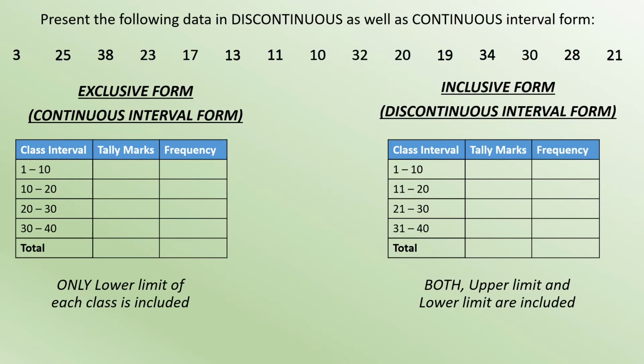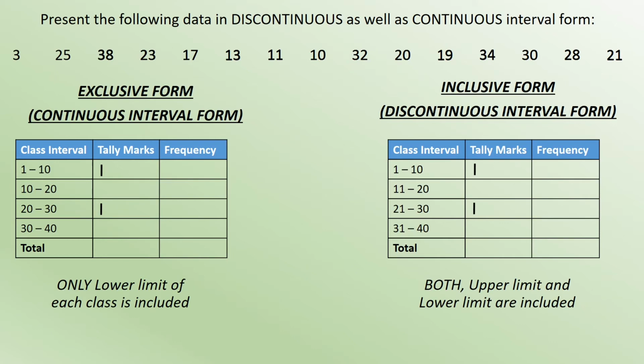Now the first number 3 belongs to the same class interval in both the types, 1 to 10. So we put one tally mark against the class interval 1 to 10. Then 25 belongs to the class interval 20 to 30 in exclusive form and 21 to 30 in inclusive form. So we put one tally mark against their respective class intervals.